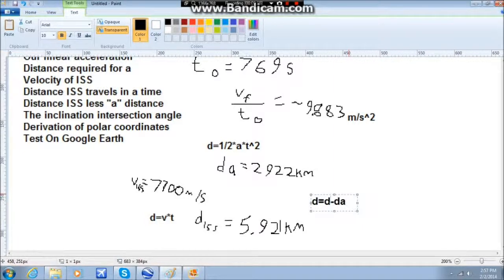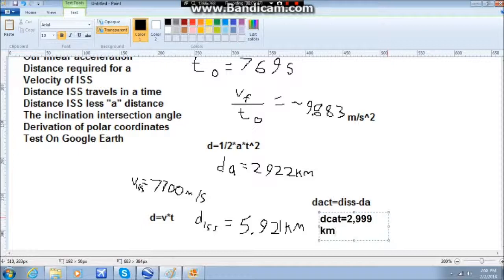Actually, I can go ahead and add these in now. So our actual distance is going to be the difference of the distance the ISS travels and the distance that we travel. So D actual is equal to 2,000, and this is convenient, 999 kilometers.